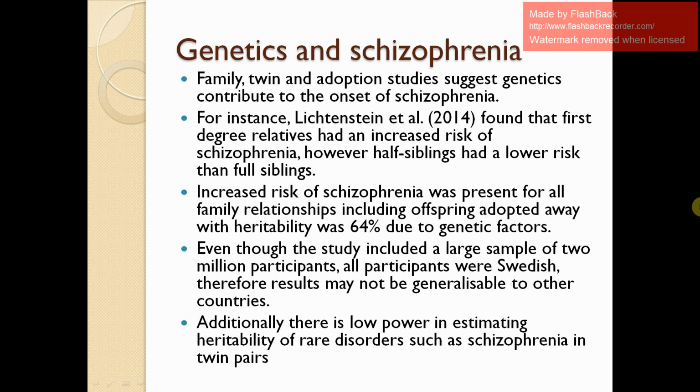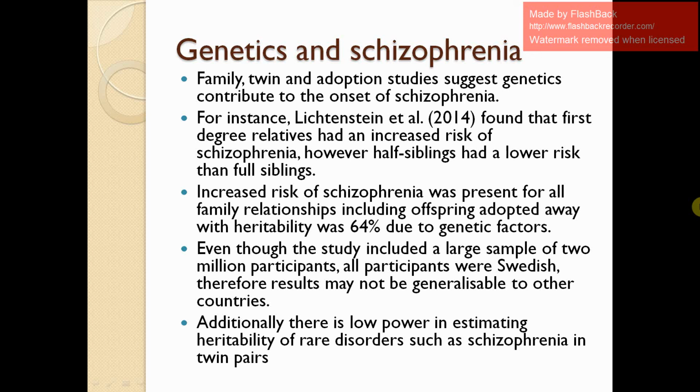Increased risk of schizophrenia was present for all family relationships, including offspring adopted away, with heritability being 64% due to genetic factors. Even though the study included a large sample of 2 million participants, all participants were Swedish, therefore results may not be generalizable to other countries.